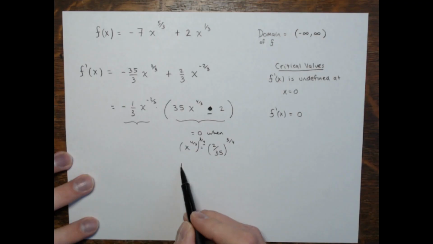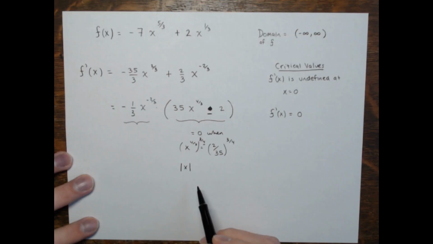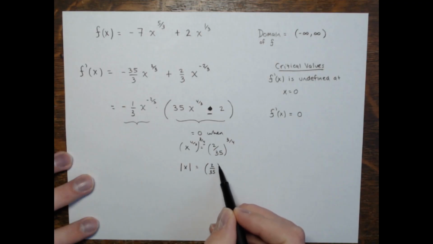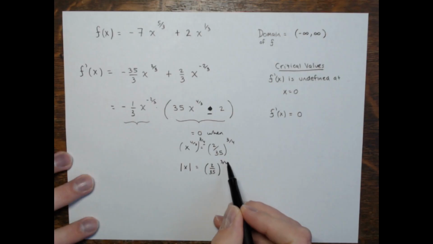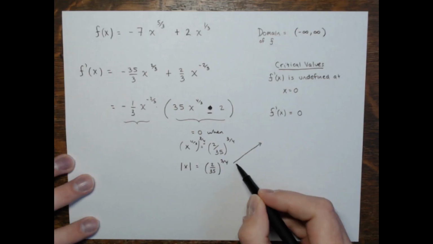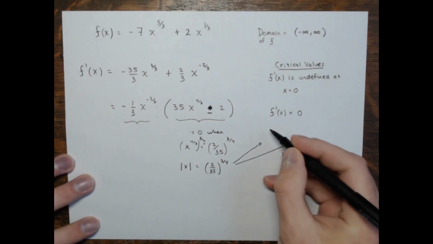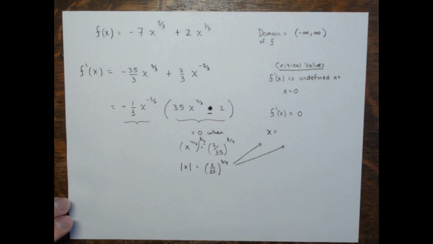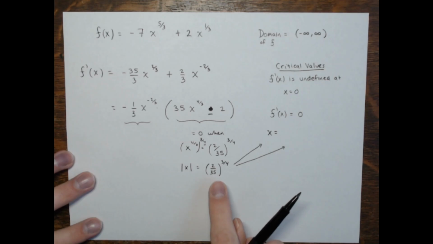So I would technically have the absolute value of x over here instead of just x, and it equals this 2/35 to the 3/4 power. So I get two possibilities, right? Two values of x that give me a derivative of 0, horizontal tangent line.